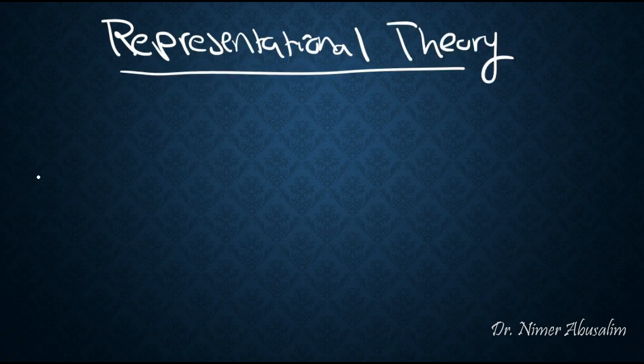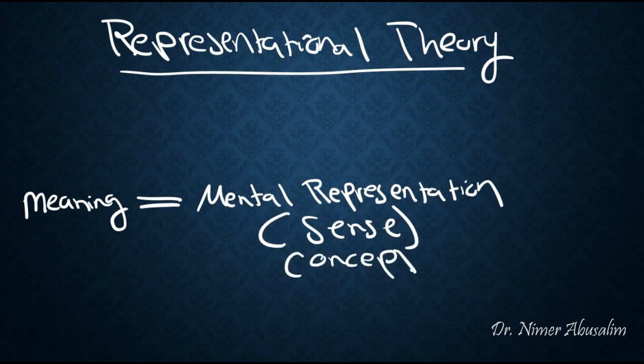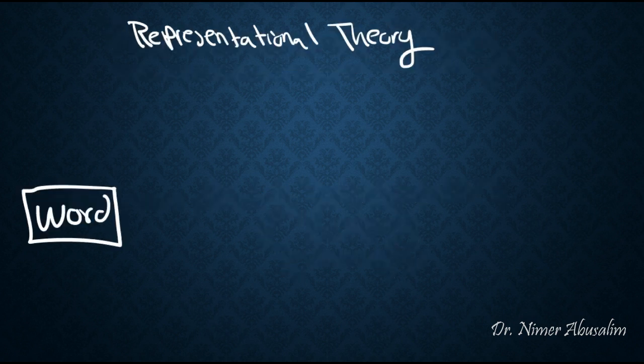Under the representational theory, the meaning equals the mental representation, or the sense of it, or the concept of the word that we have in our minds. So we understand a linguistic expression because we understand its sense.